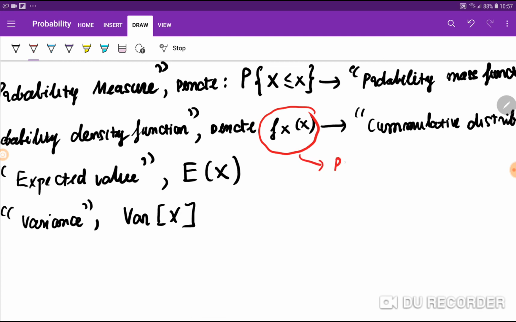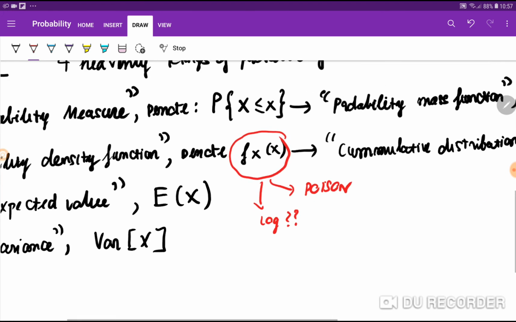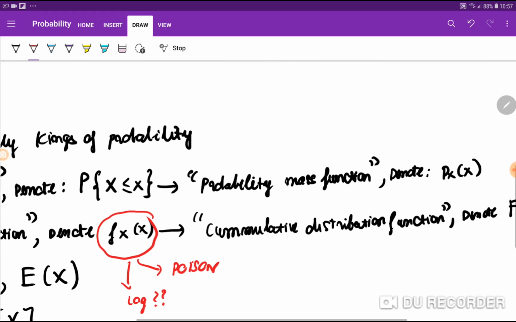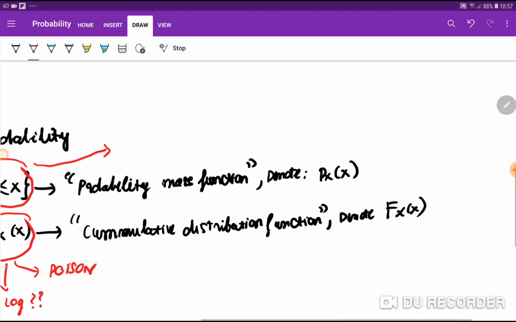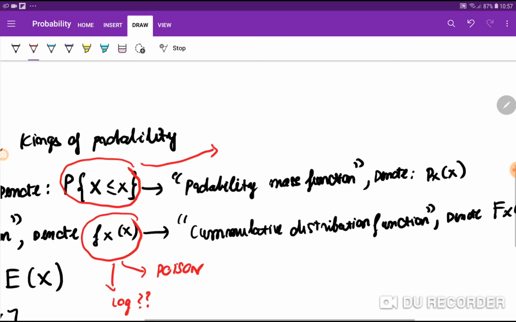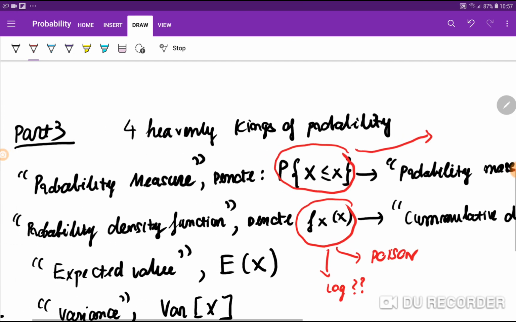It can be Poisson, can be log something, and then this thing right here too can be the most popular variable. The most popular we will talk about in a later video, or px. I'm not sure. Actually, I think it's probability measure.